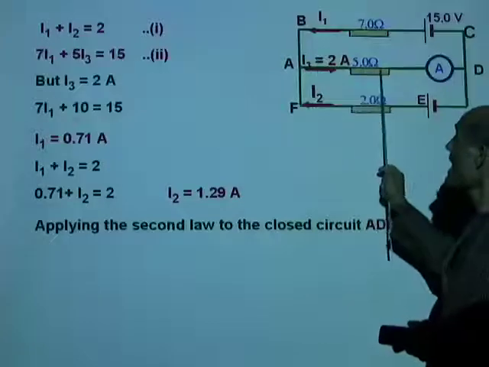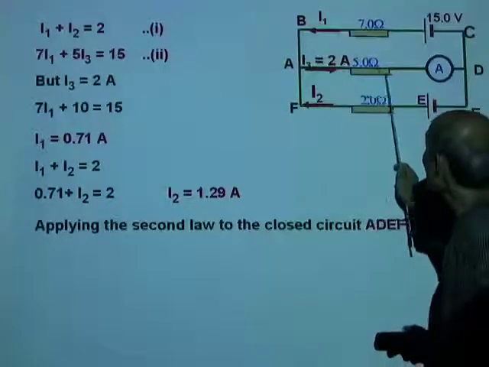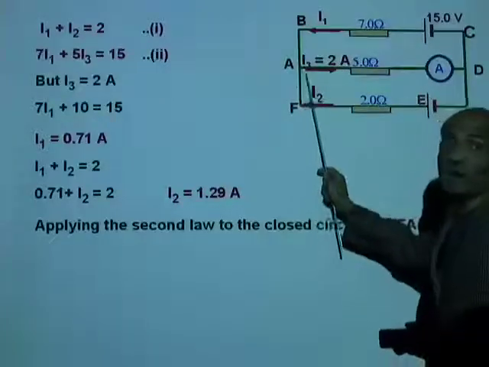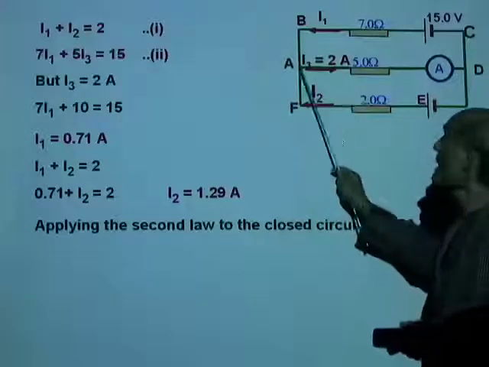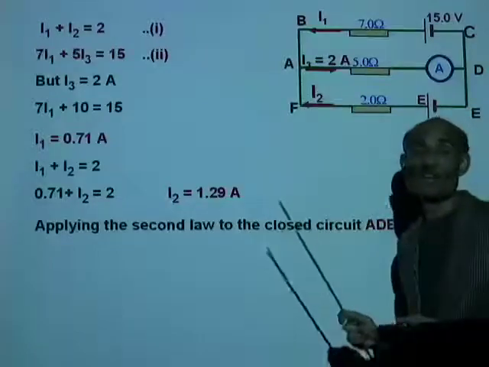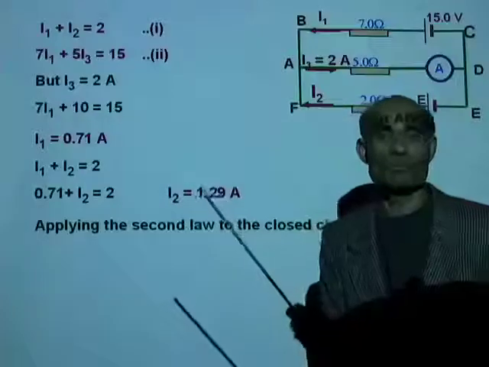Can you tell me why I did that? Because the current I3 and the current I2 are both in that same direction. That is why I now took ADEFA. You can choose the direction of the loop on your own.